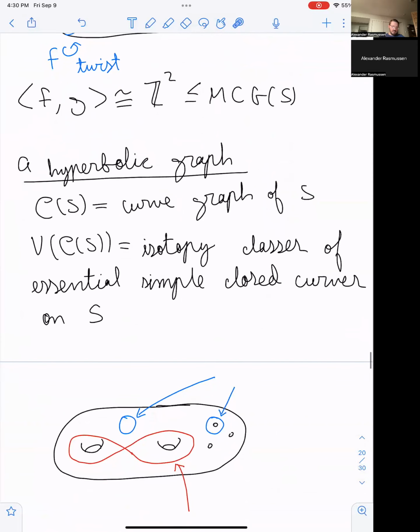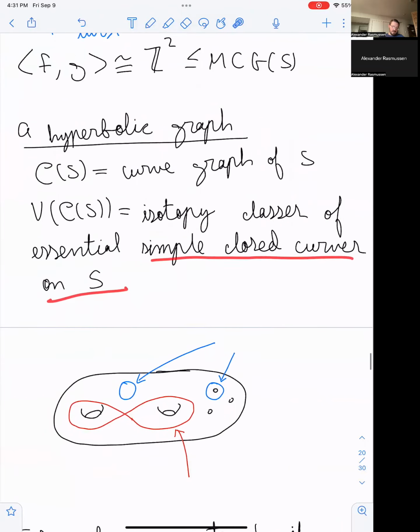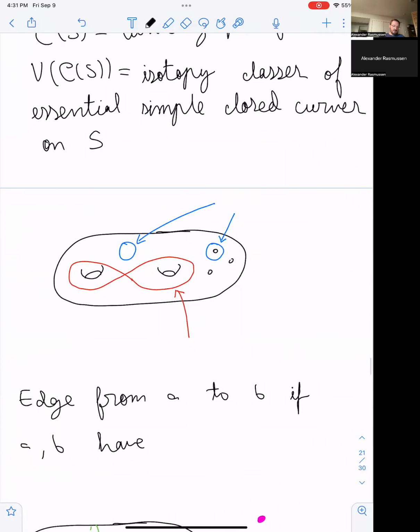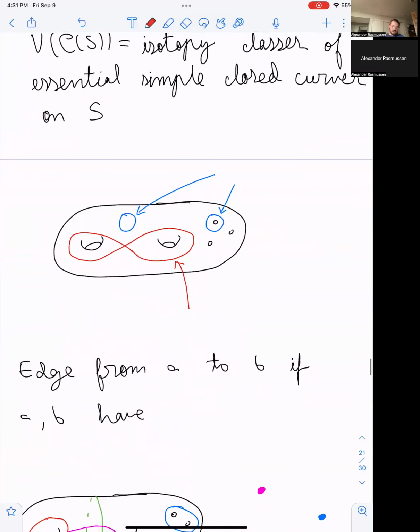And I'll define it in the following way. The vertices are the isotopy classes of essential simple closed curves on S. So what am I saying here? What is a simple closed curve? Well, it's just an embedding of the circle into the surface. If you have a curve on the surface which intersects itself, that's going to be non-simple.